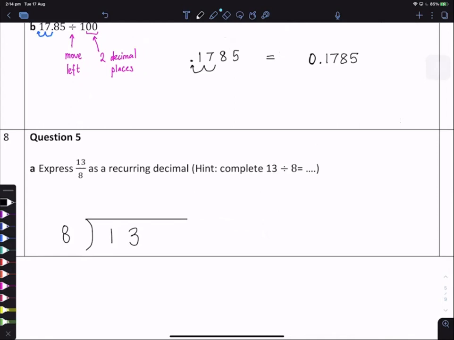Where's the decimal point on that 13, by the way? Where should we put the decimal point on that 13? Should it be the red, the blue, or the green? Can you type that in the chat? Just say the color.